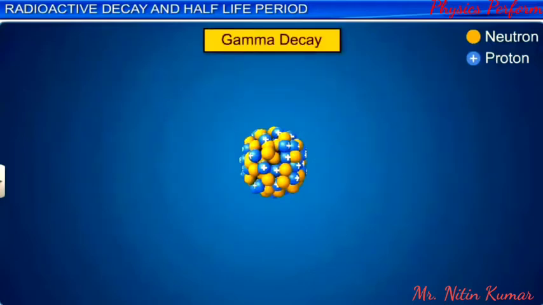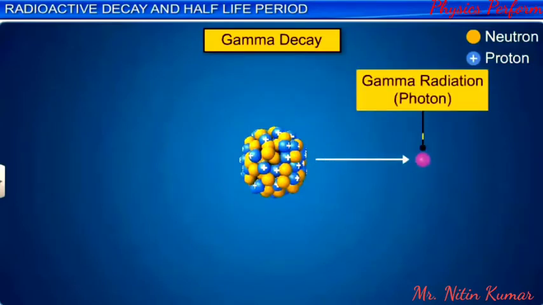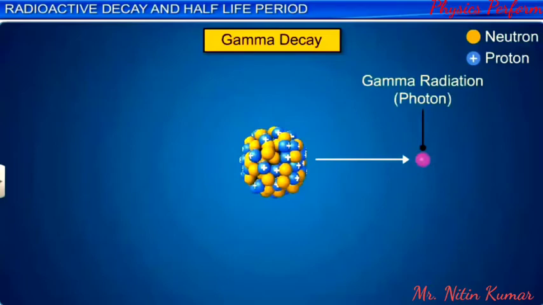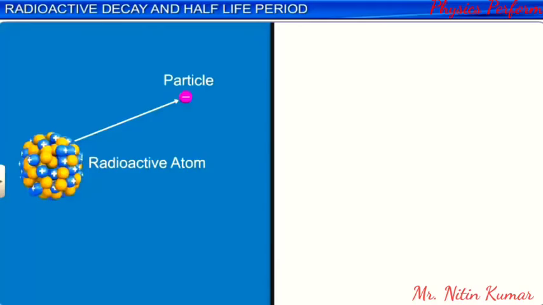A detailed study of alpha decay, beta decay, and gamma decay will be taken up later. Let us first derive a relation for the rate of radioactive decay.